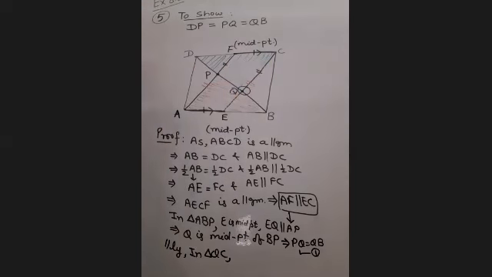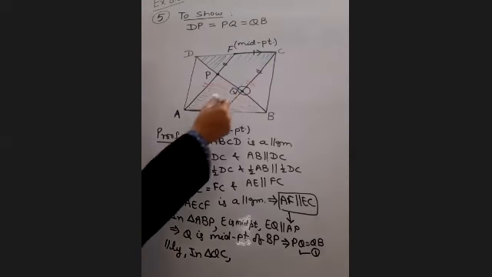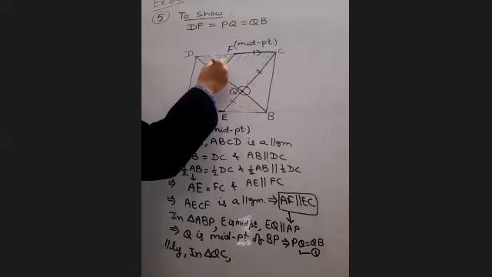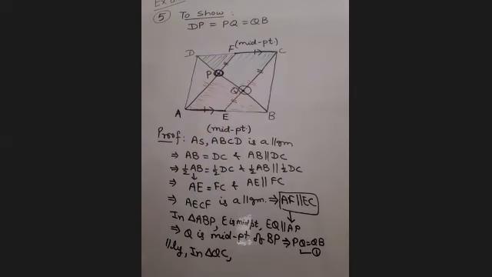If PF is parallel to QC, then what does P become? Midpoint of QD. F is the midpoint of DC and PF is parallel to QC.